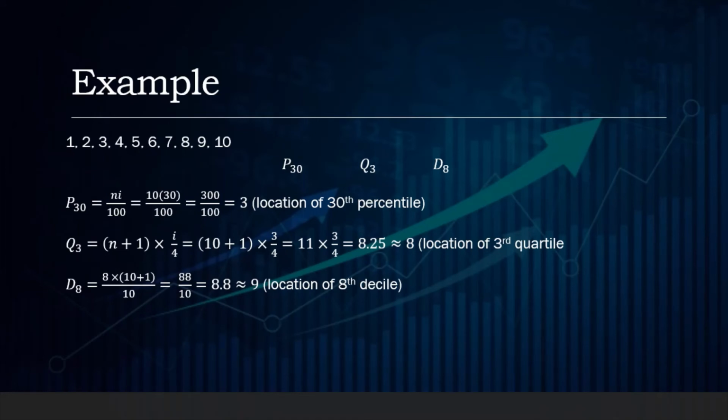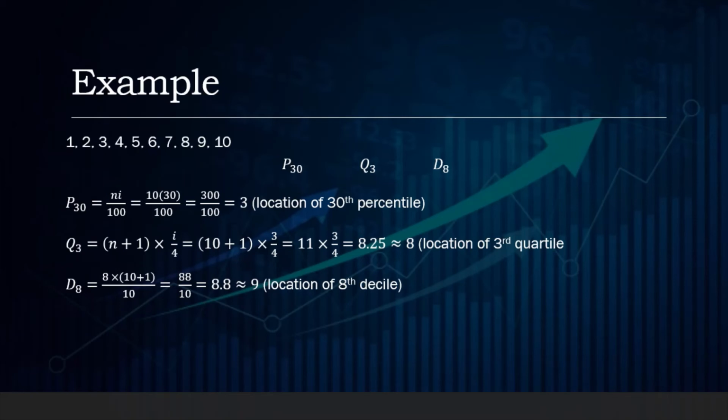To get the 30th percentile, P sub 30 equals n times i divided by 100 equals 10 times 30 divided by 100 equals 300 divided by 100 equals 3. 3 is the location of the 30th percentile.